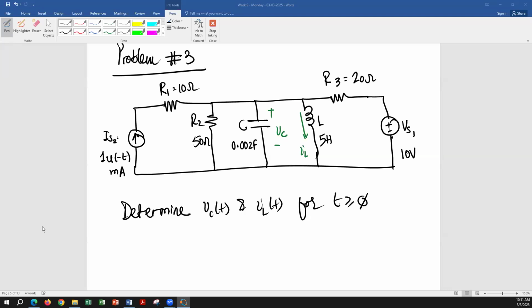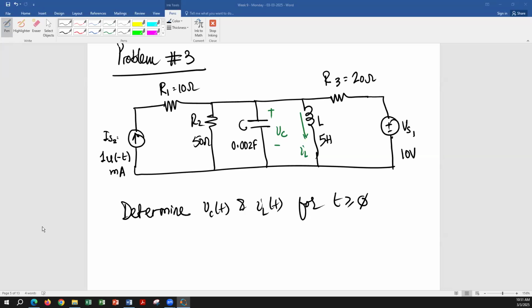Or what is going to be VC 0 negative? Who's going to tell me that without even doing any calculation? Yes, you're saying something? Okay, so say it again. What did you say? IS times R2? Okay, IS times R2. That's one answer. Is that answer correct or incorrect?